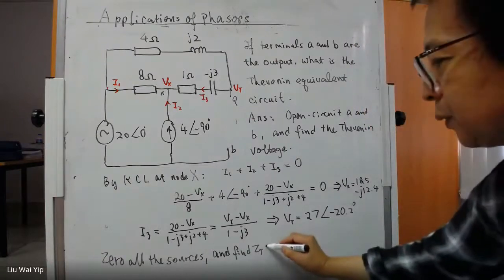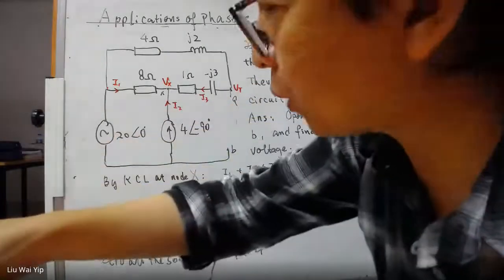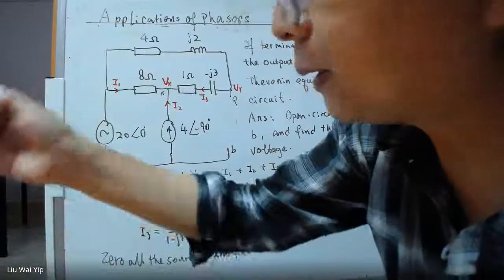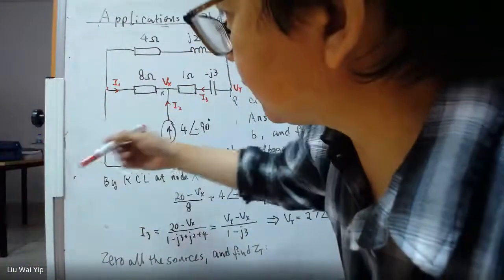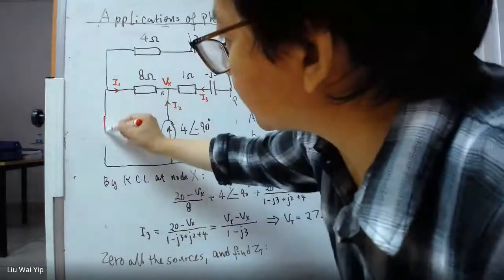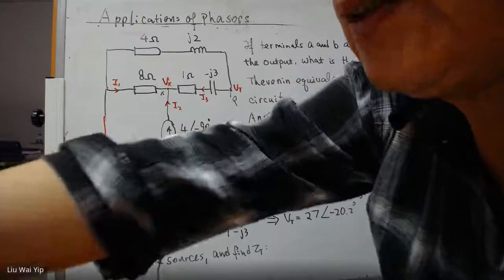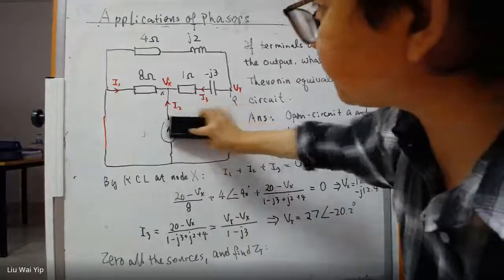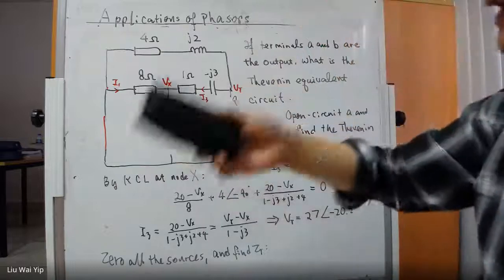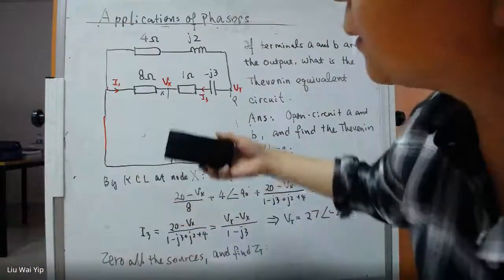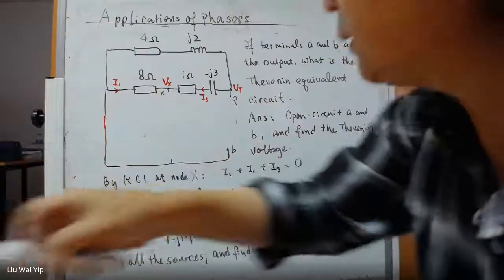According to what we have got here, if we do that, we will short the voltage source here. Then we will get a straight pathway here. And if we open circuit this circuit, you end up with nothing across here. So this is what we are going to get for solving the impedance.